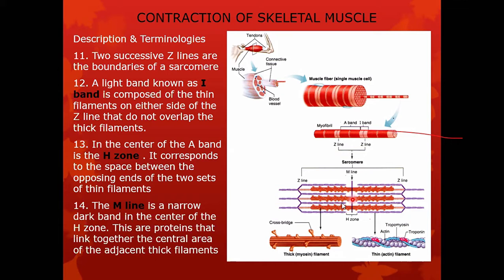Okay? The M line is a narrow dark band at the center of the H zone. These are proteins that link together the central area of the adjacent thick filaments.